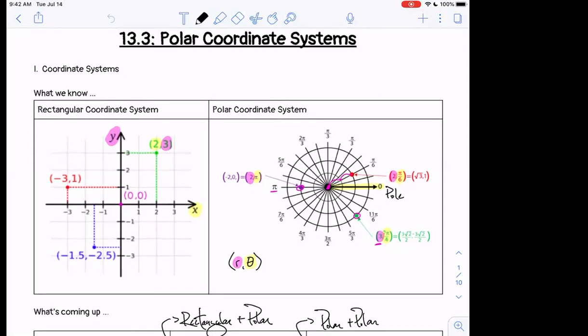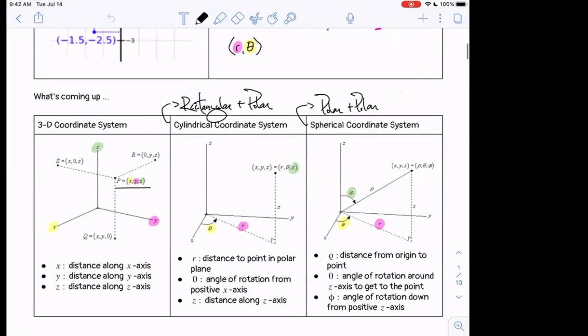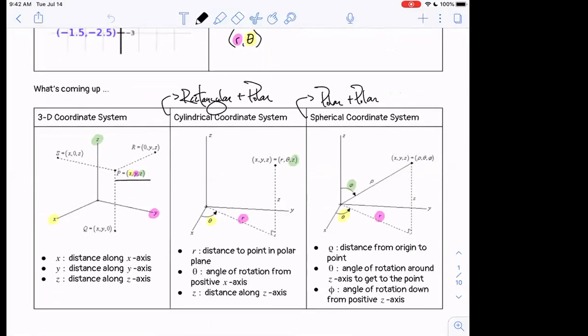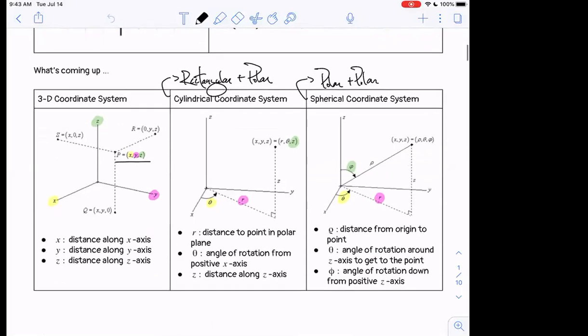It's coming back up now because in Calc 3 you're going to take all of these polar shapes and think about what happens when we revolve or rotate them and end up with a three-dimensional situation. Given our world today, three dimensions is often much more useful than two.